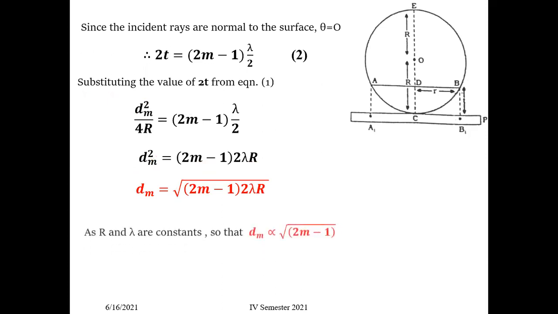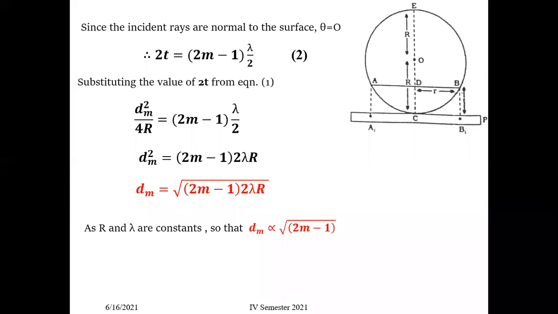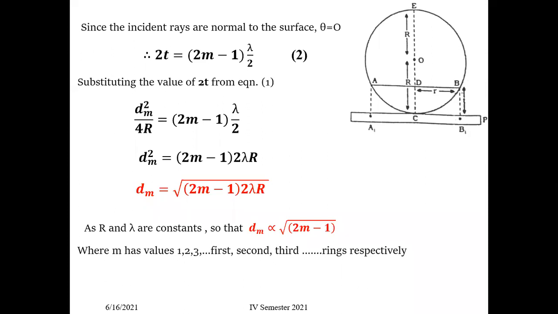Here R is the radius of curvature of the lens and lambda is the wavelength of the incident light. Both are constants. Therefore, the diameter of the bright fringe is directly proportional to the square root of (2m minus 1). Here m is an integer with values 1, 2, 3 and so on. If m is equal to 1, 2m minus 1 is equal to 1.